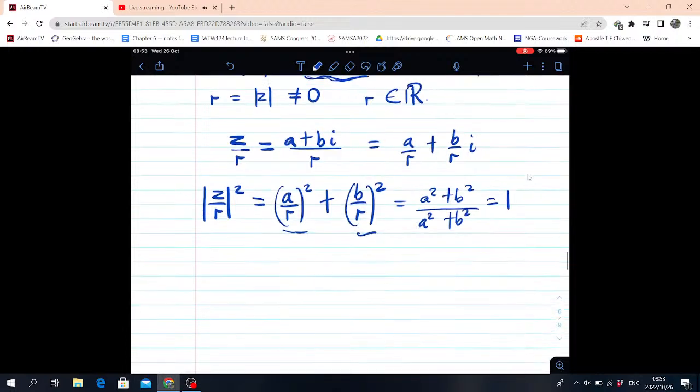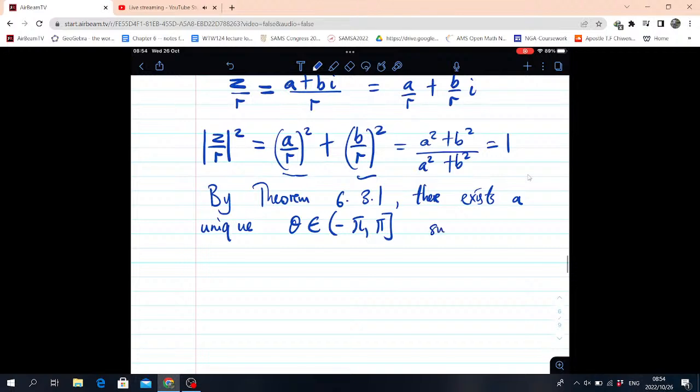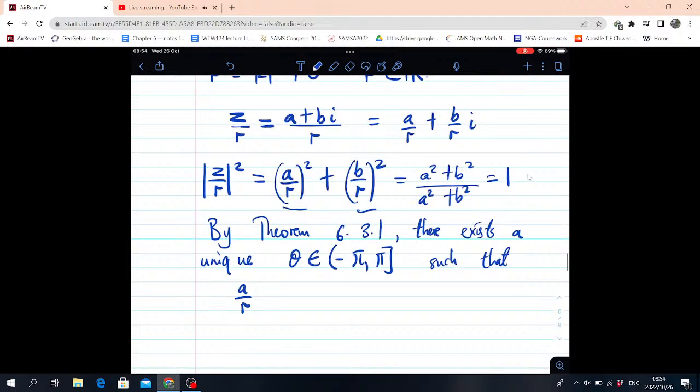And once you see that it's equal to 1, we know by theorem 6.3.1 that there exists a unique real number theta, between minus pi and pi, such that a over r plus b over r i is equal to cos theta plus i sine theta. So we are in the scenario of 6.3.1.